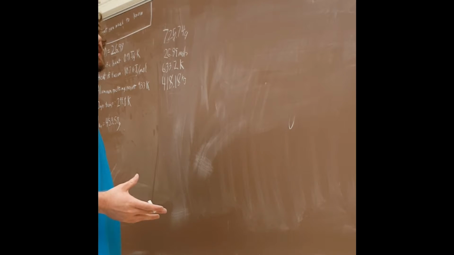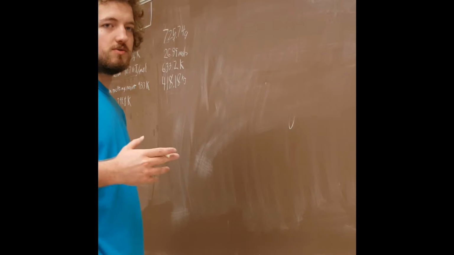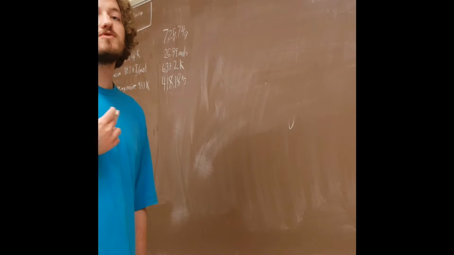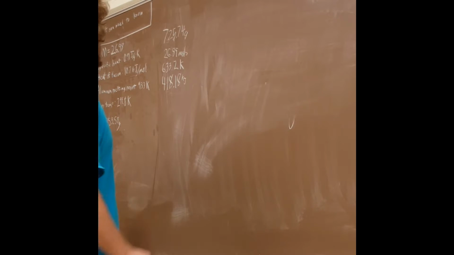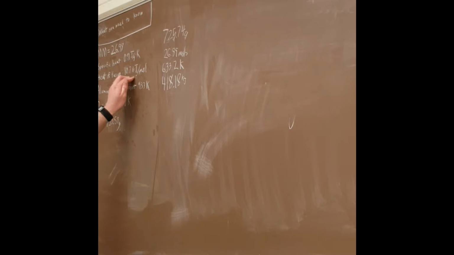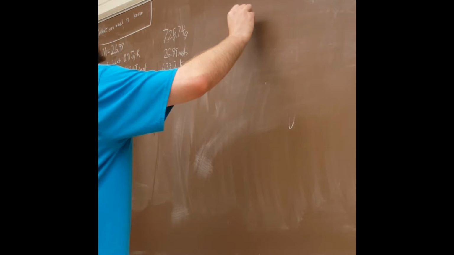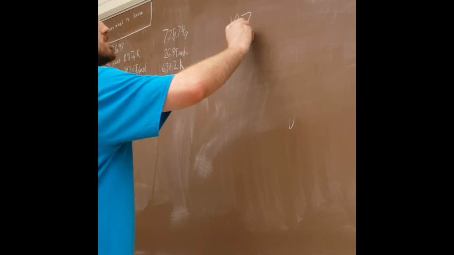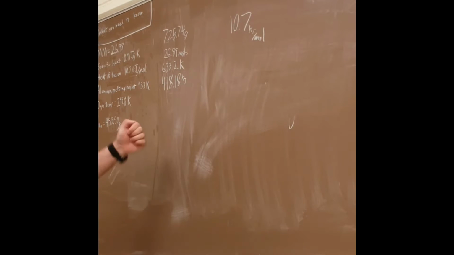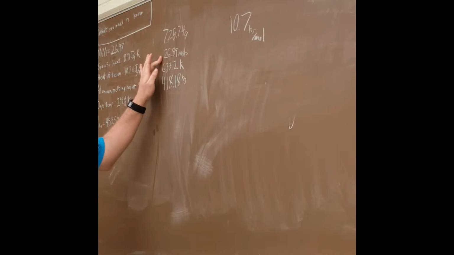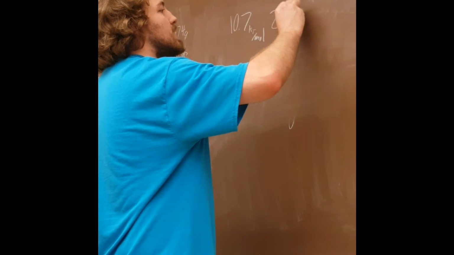Now we have to calculate how much energy it would take to convert said solid aluminum at its melting point into liquid, as of course we remember that those are two entirely separate numbers. To do that, we take the heat of fusion of aluminum, which is 10.7 kilojoules per mole, and then we multiply it by the number of moles that we calculated earlier, 26.89.